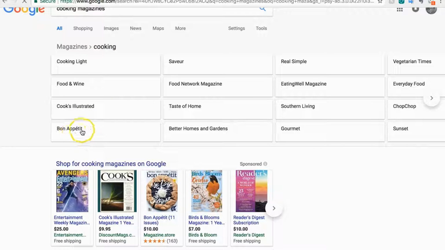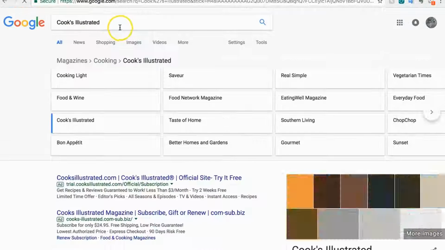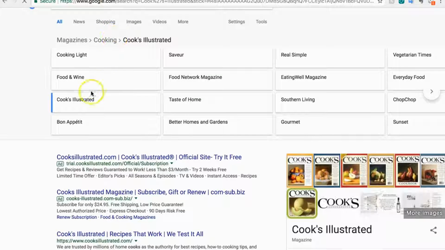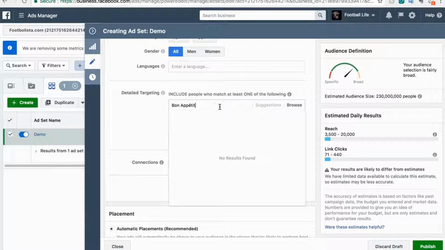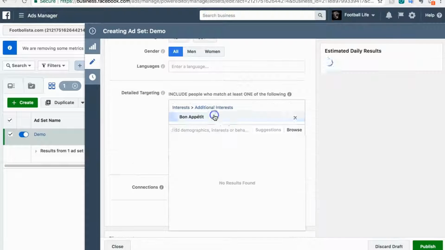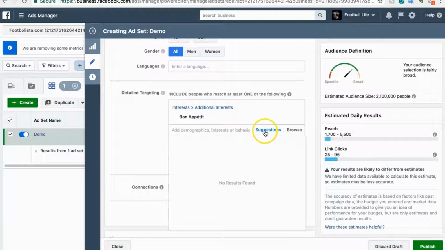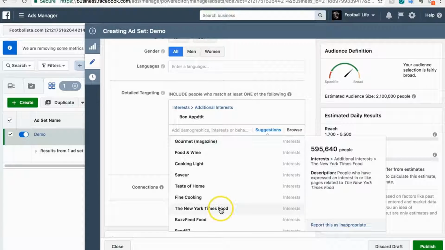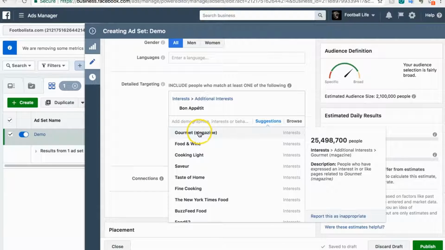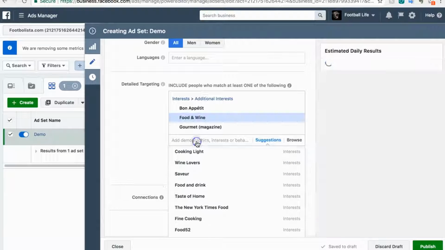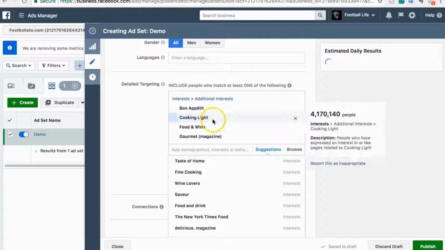Bon Appetit is one of the famous cooking magazines of all time, which I know for a fact. So I go to Bon Appetit and click suggestion. Now I see all the other magazine names that are available. I can go for Gourmet Magazine, Food and Wine is a magazine name, Cooking Light is a magazine name.